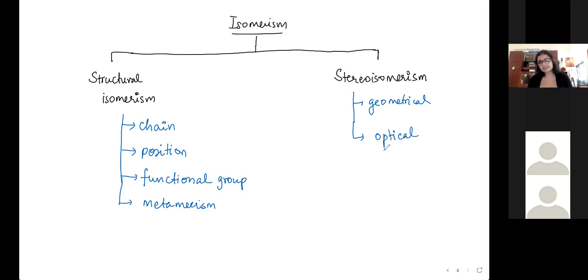The fancy word that you use for optical isomerism is enantiomers. Okay, so let me know once you've noted this down. Then we'll be looking at each one of these one by one. So 6 types, 4 here and 2 over here.